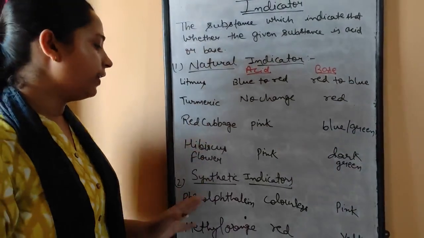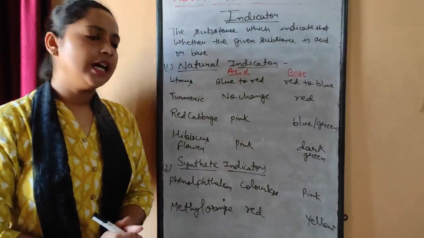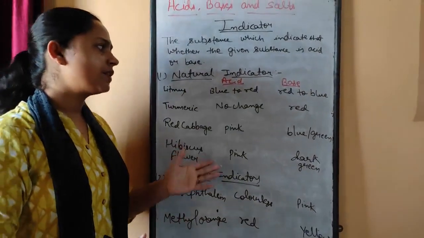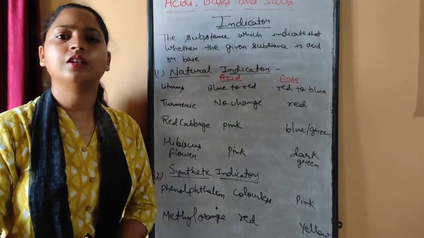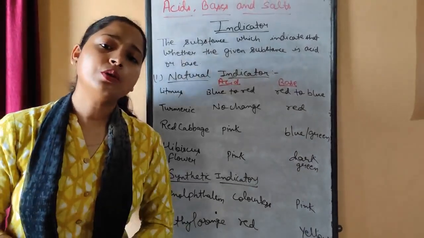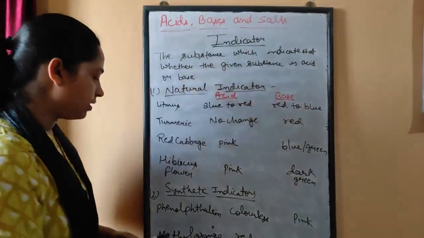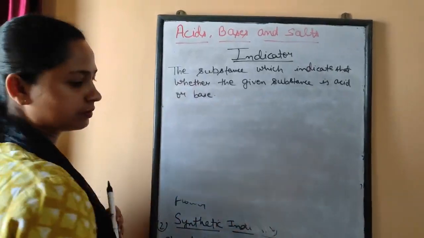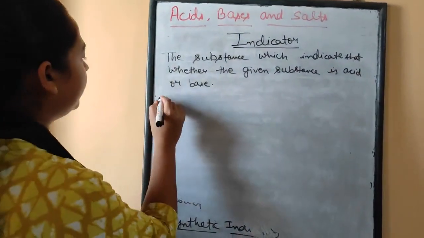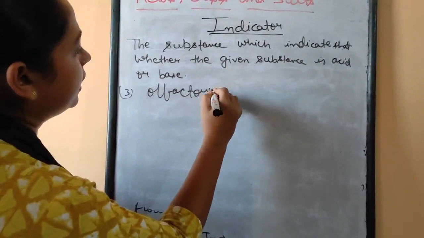So these are the different indicators which we use in our lab for our practicals and other research, which give us the idea about whether the given solution or compound is acid or base. Now in your standard you have to read about one more type of indicator, that is olfactory indicator.